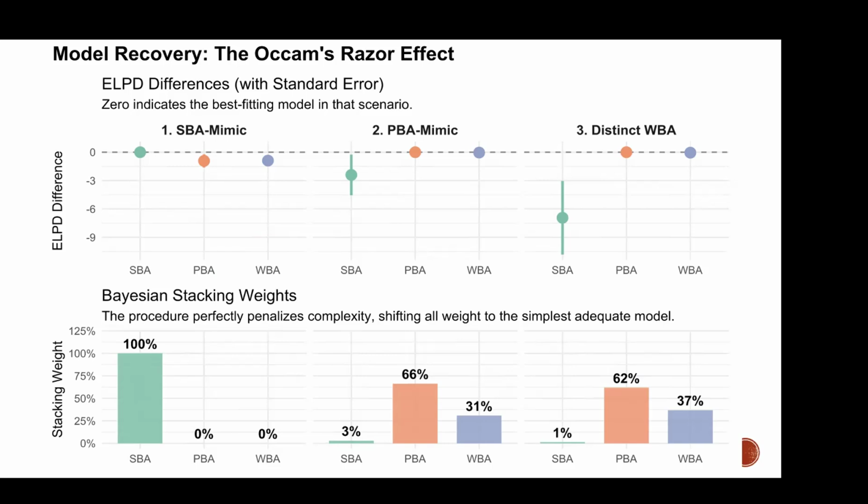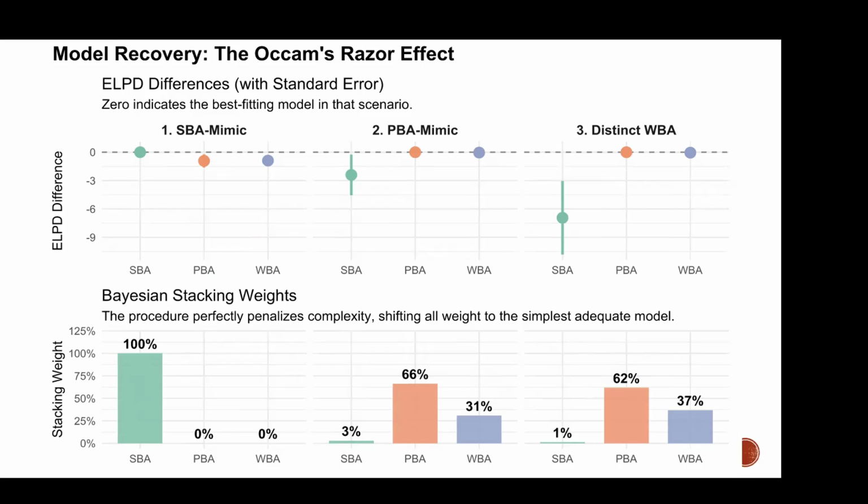And so with the SBA data, the SBA gets 100% weight, meaning if we know the SBA, we don't need to know the predictions of the other models. We don't learn anything more.